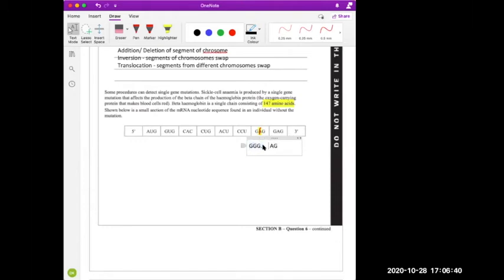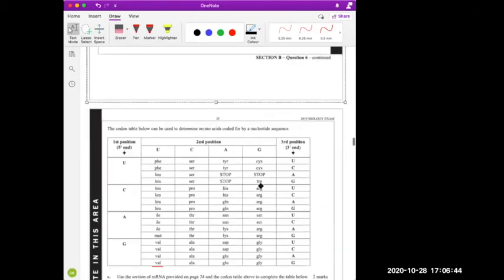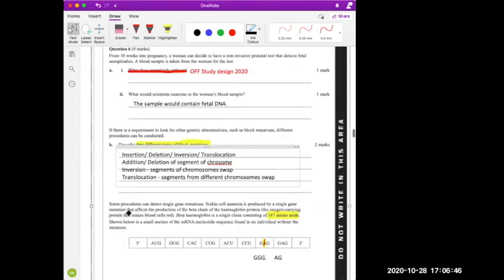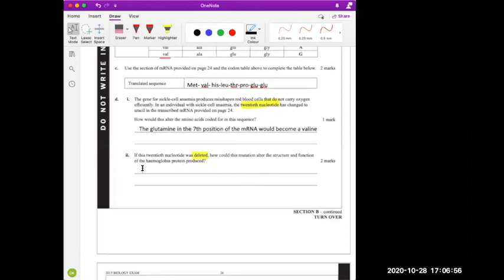So then that's a whole frame shift mutation now, because your amino acid has now changed to GGG, which is glycine, and now it's going to change the next amino acid, which is going to change the next amino acid, and it's sort of like a domino effect. So if the 20th nucleotide was deleted, this would result in a frame shift mutation.